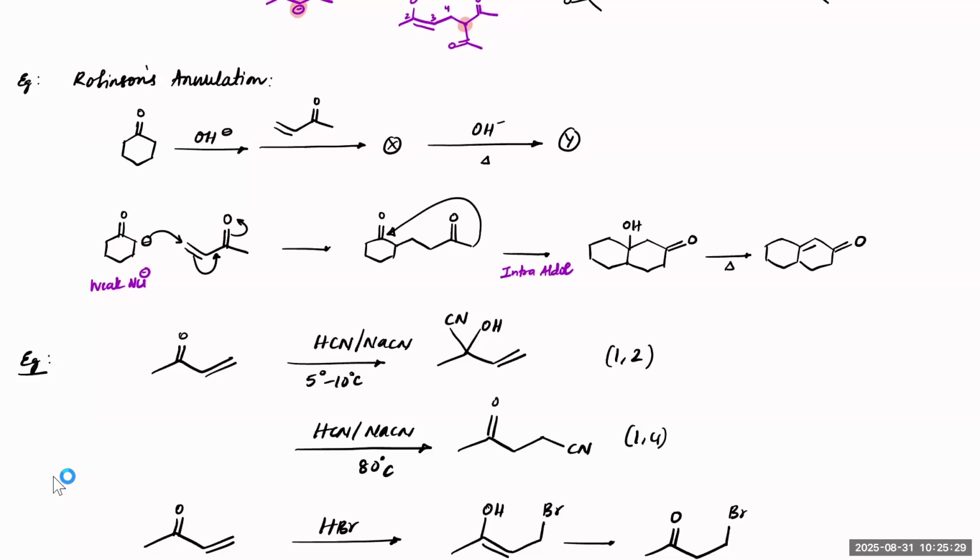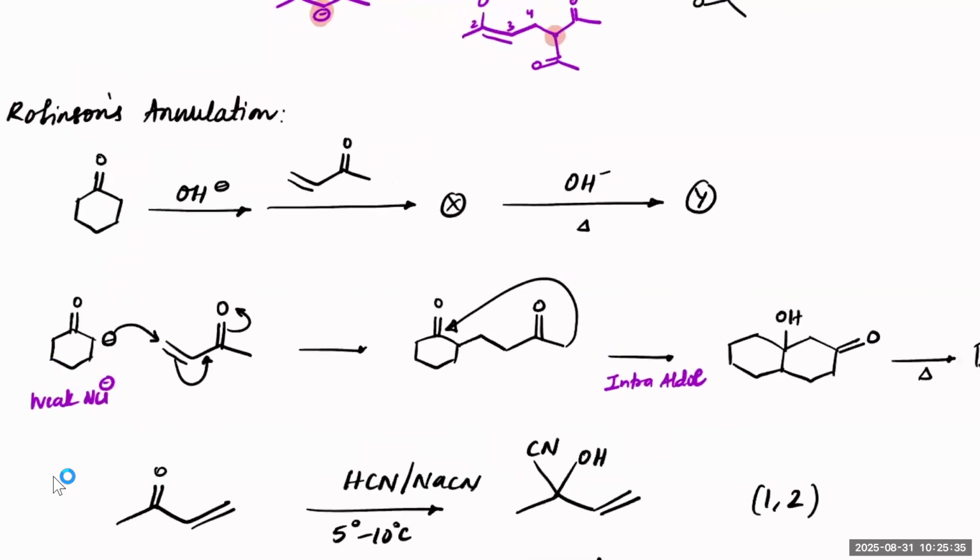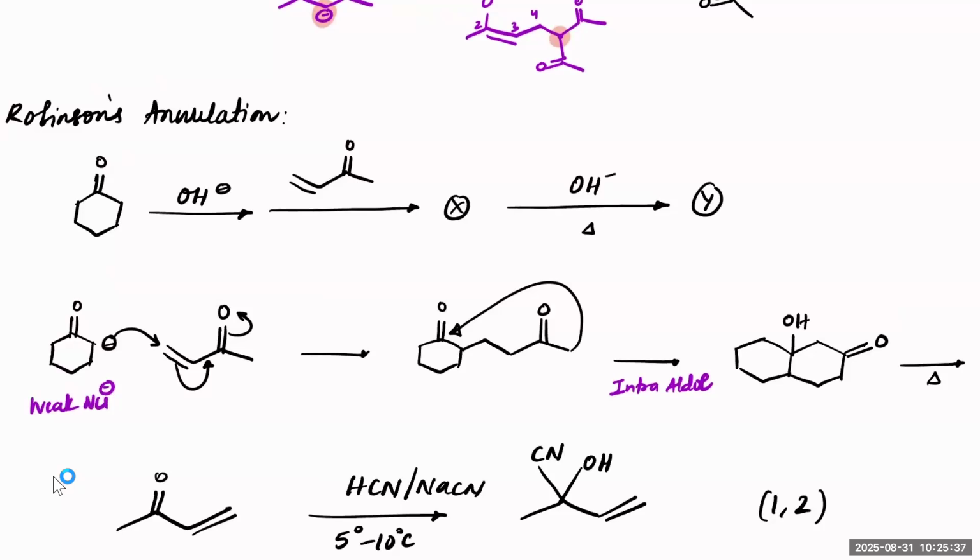Let me write down that statement also here. Michael's addition followed by aldol condensation. This is called Robinson annulation.